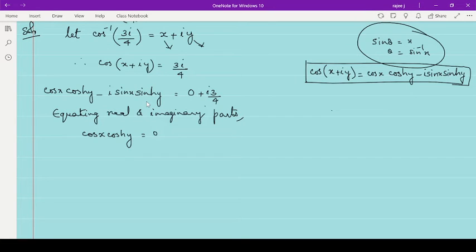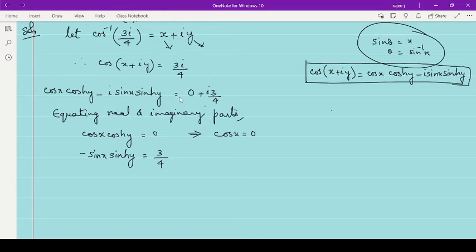Then equating imaginary parts, i sin x sin hy is i times 3 by 4. So we can take minus sin x sin hy is equal to 3 upon 4. So we got this equation. Now here cos x cos hy equal to 0. This means that cos x equal to 0.